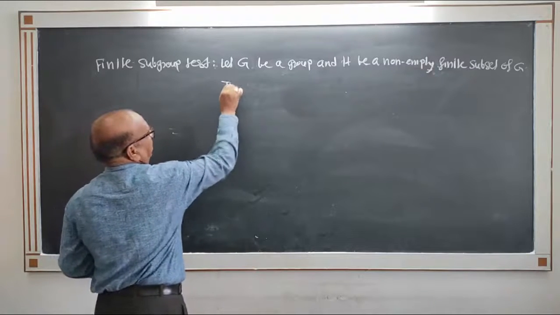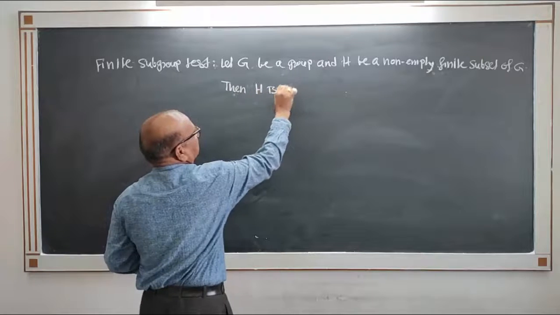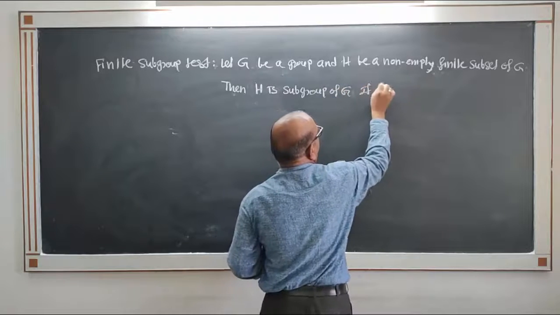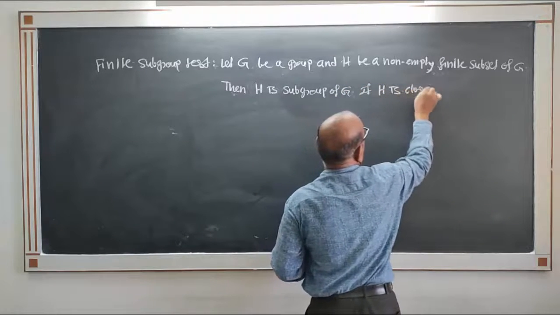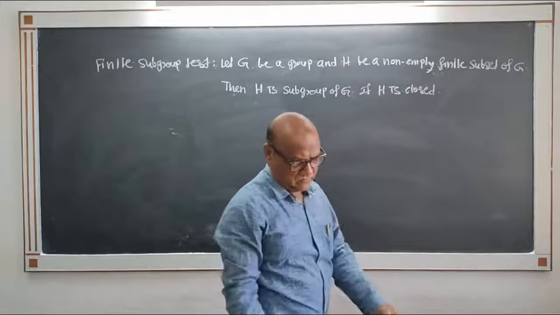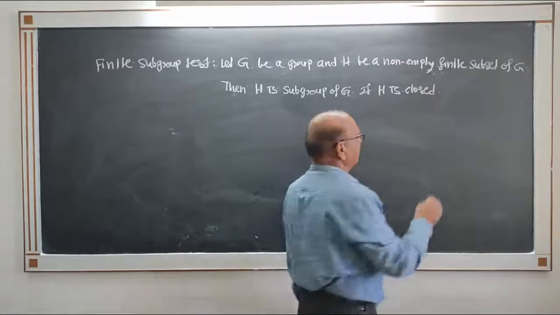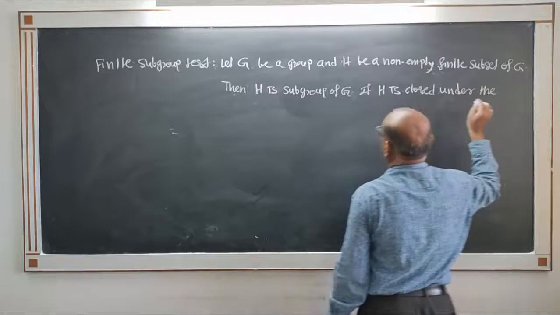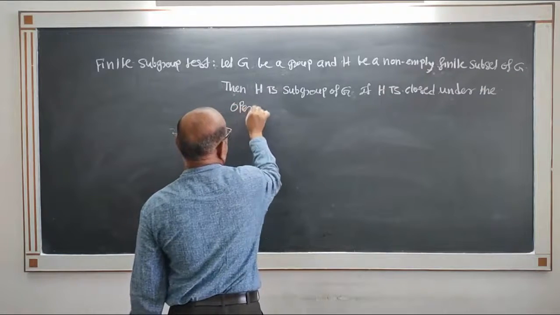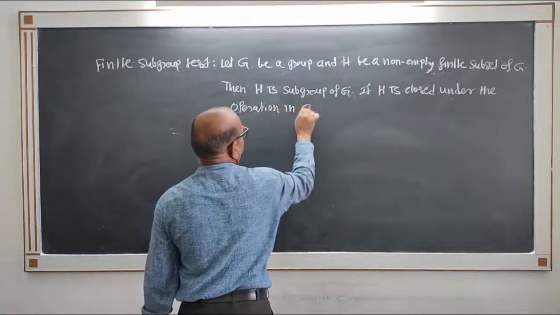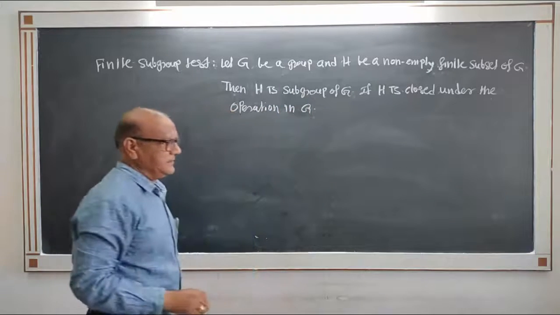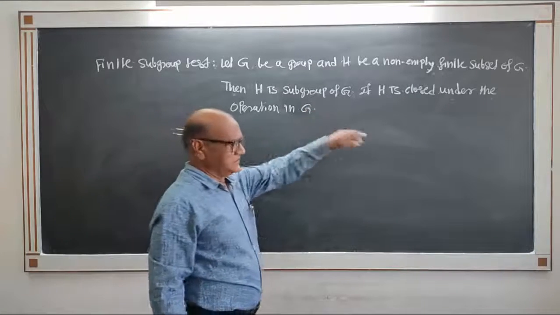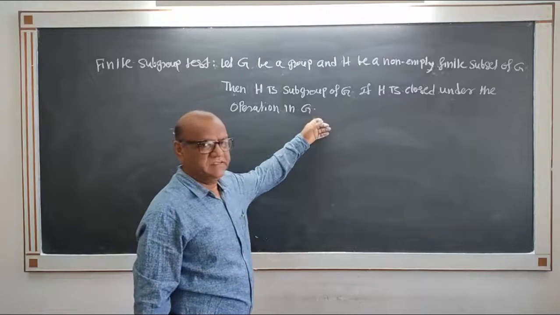Here, H is a subgroup of G if H is closed under the operation defined in G.